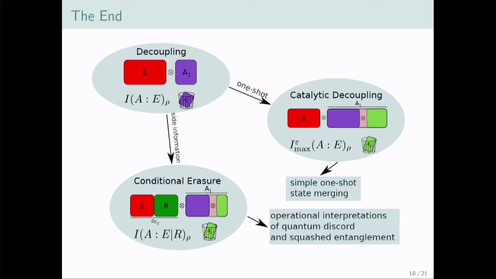These two generalizations have some applications. Catalytic decoupling can be used to give a simple proof for the achievability of one-shot state merging. And the conditional erasure of correlations paradigm can be used to give operational interpretations of the quantum discord and squashed entanglement.